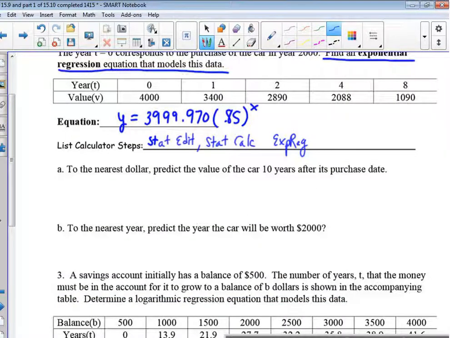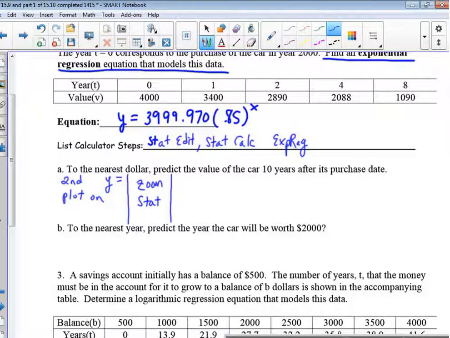So what we did here was we went to second y equals to make sure the plot was on. And then, once the plot was on, we went to zoom stat, and we saw our graph.